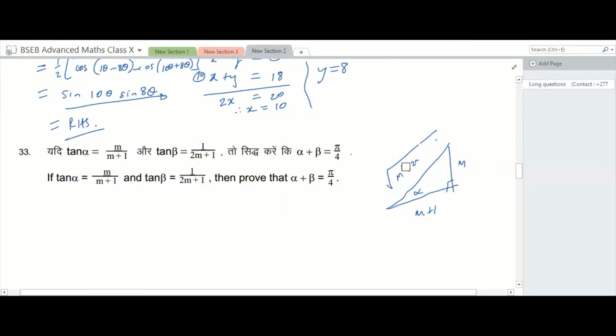Okay, let's just write it like this. Do we need the hypotenuse? Let's see if we need the hypotenuse.